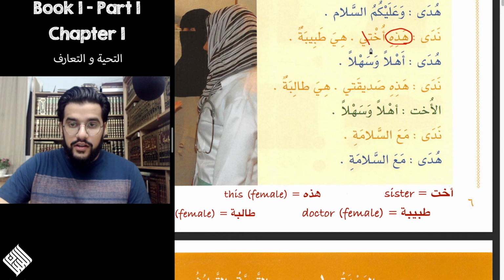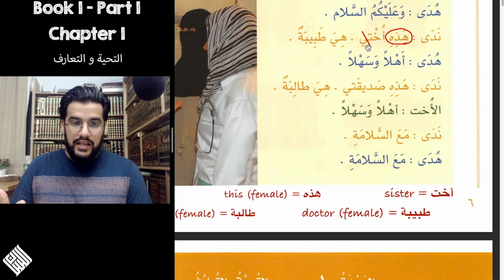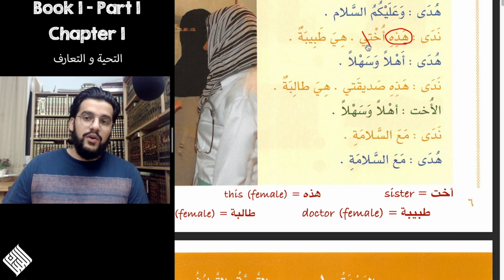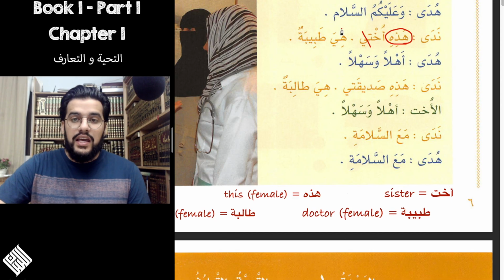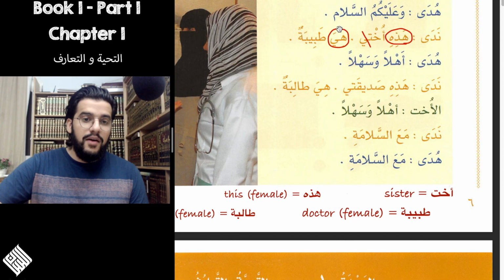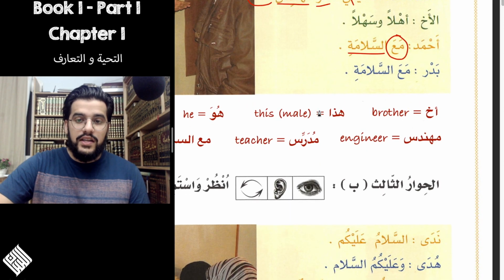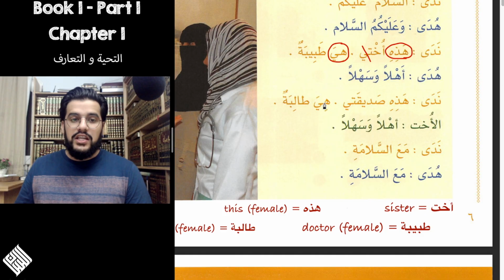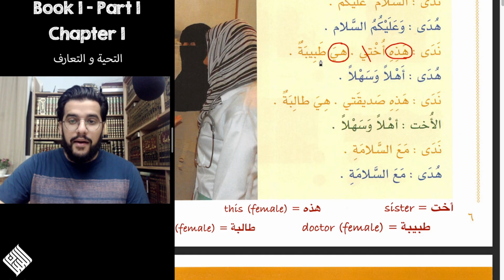The word أخت on its own means sister, and the ya, of course, means my sister. هذه أختي. This is my sister. هي طبيبة. هي is the word she. She is طبيبة. As opposed to هو, which we said means he. هي means she.